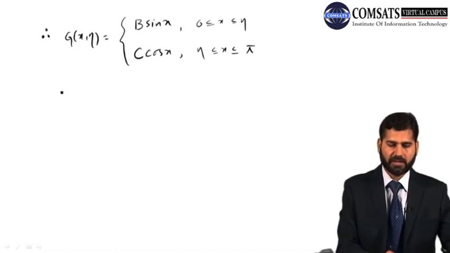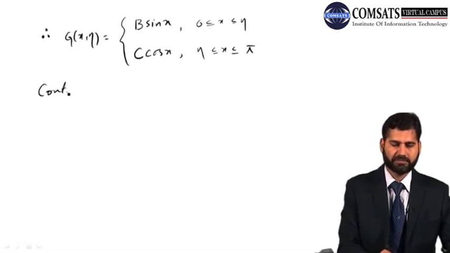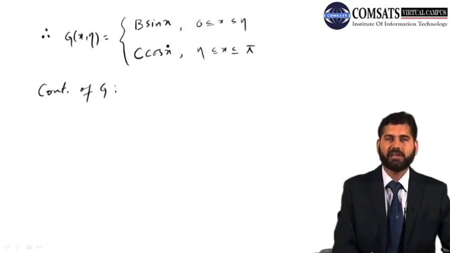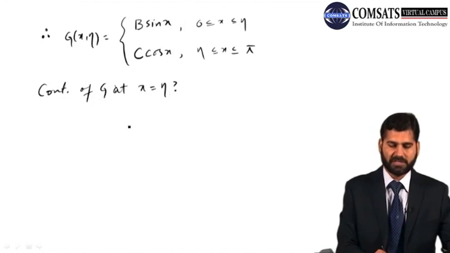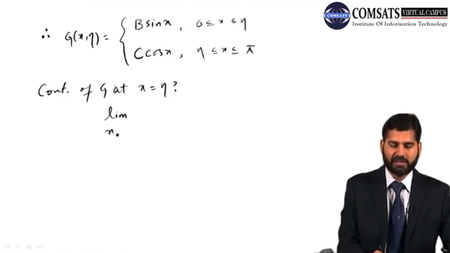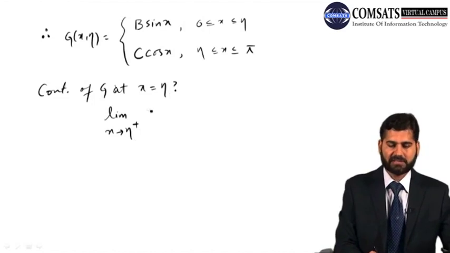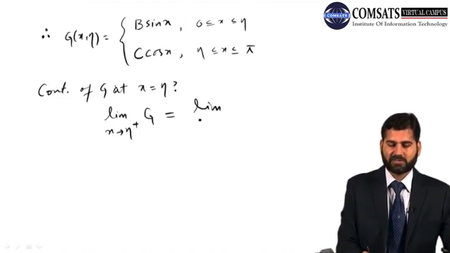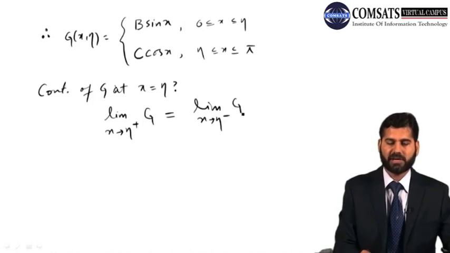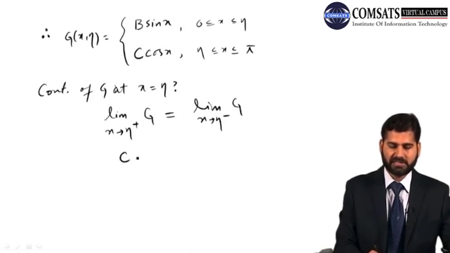Alright, so now continuity of g. We don't have any issue between 0 and eta, or eta to pi, because both sine and cosine are continuous functions. The only worry is at x equal to eta, whether g is continuous there or not. For that, the limit as x goes to eta plus of g should be equal to the limit as x goes to eta minus of g. So this is c cosine eta and this is b sine eta, right?